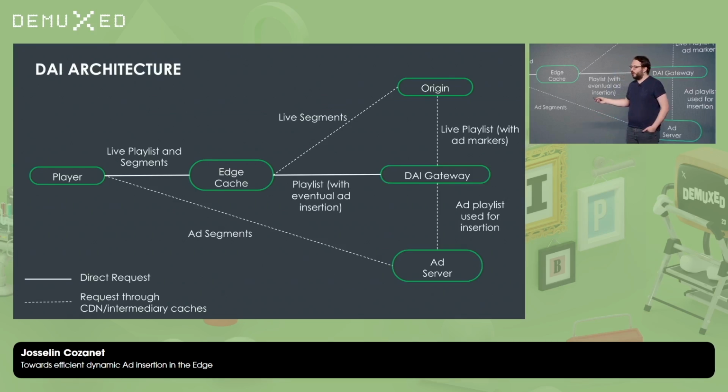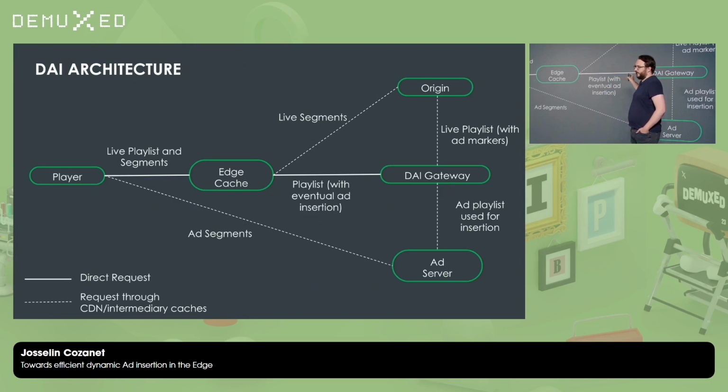So when we want to do ad insertion and low latency ad insertion, we have to introduce some more components. The two components that we are introducing are the ad server, which contains everything related to the ads we want to insert, the chunks, segments, and some modified playlists that I'll present to you later. And we have what I call the DAI gateway, which is the place where the ad insertion itself is done.